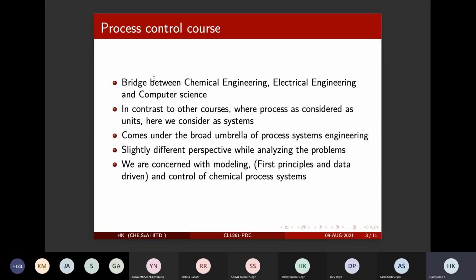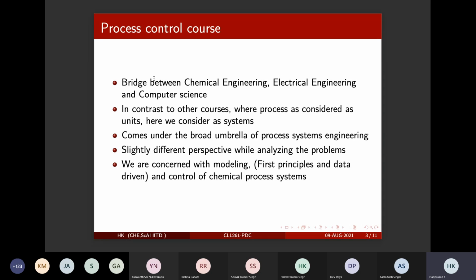Then we are mostly into the control aspect of it, which would be mostly adopted from the principles of fundamental control theory, a fundamental area in electrical engineering, and to some extent in computer science if you talk about data driven modeling and things like that.